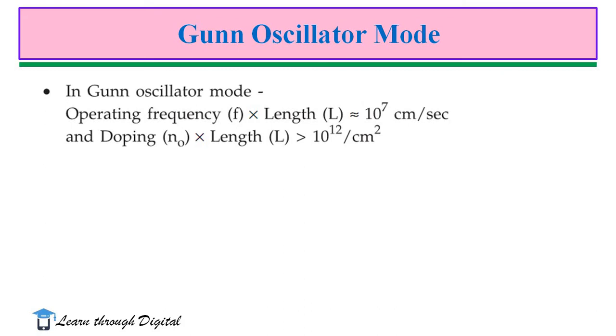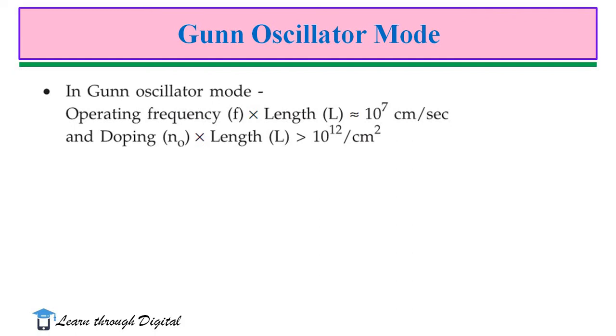First type is Gunn oscillation mode. The product of operating frequency and length fL is equal to 10^7 centimeters per second, and the doping times length N0 L is much greater than 10^12 per centimeter square. Generally, it ranges from 10^12 per centimeter square to 10^14 per centimeter square.